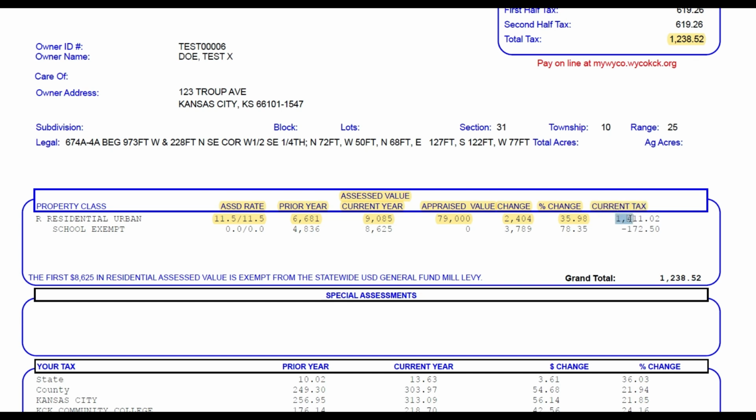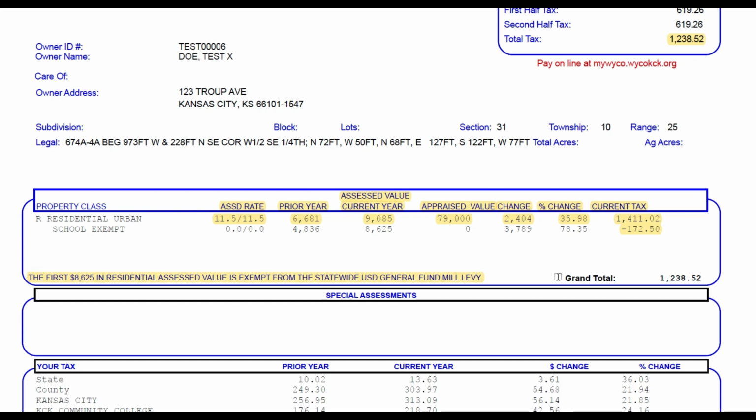The amount owed to all jurisdictions is $1,411.02. $172.50 is removed because the first $8,625 of appraised value on a house is exempt from 20 mills of the school's mill levy.